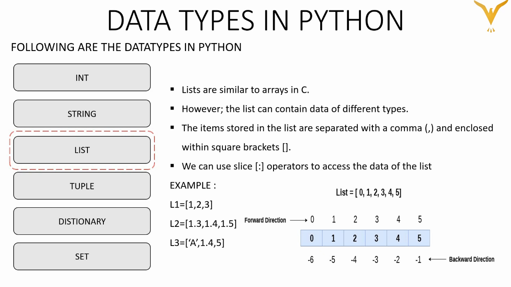So to overcome this disadvantage, array is used. So what is array? Array is a collection of data with similar data types.